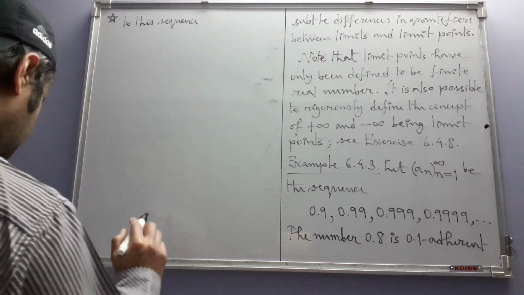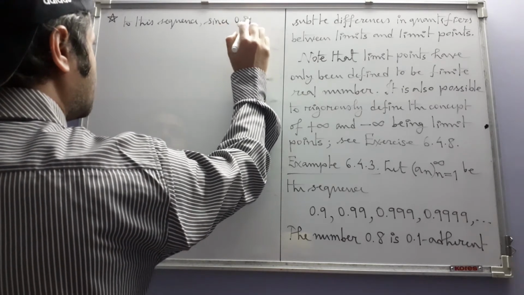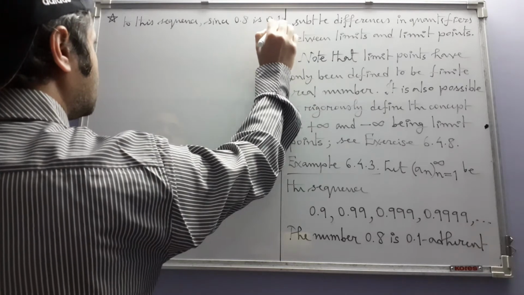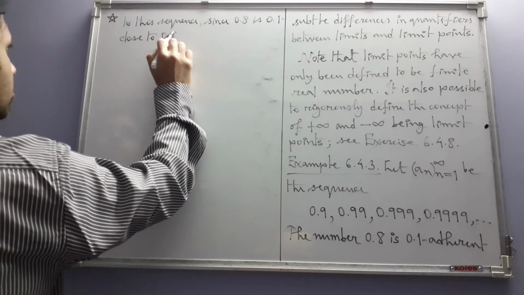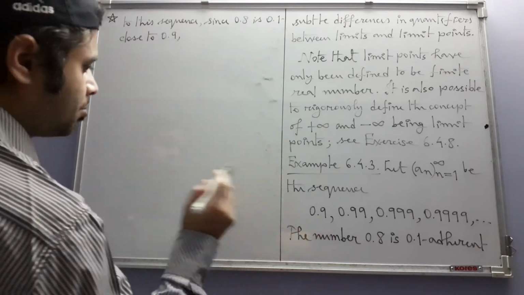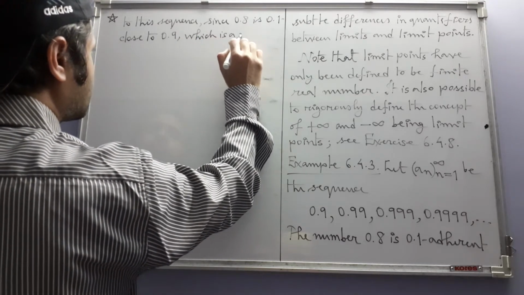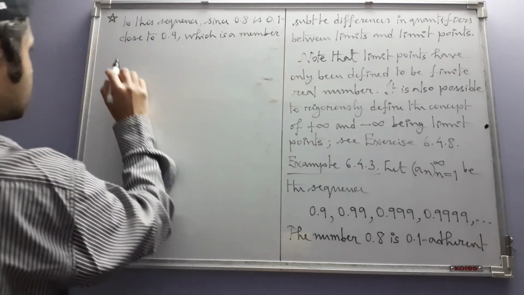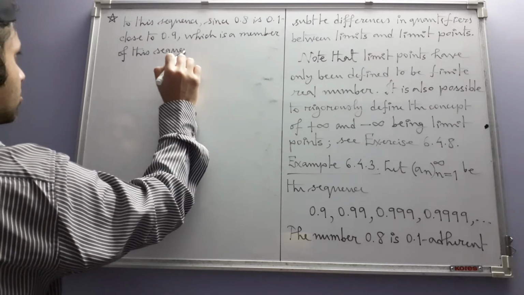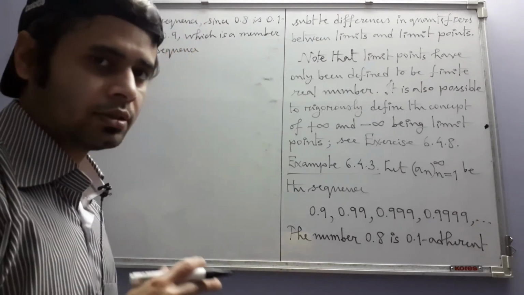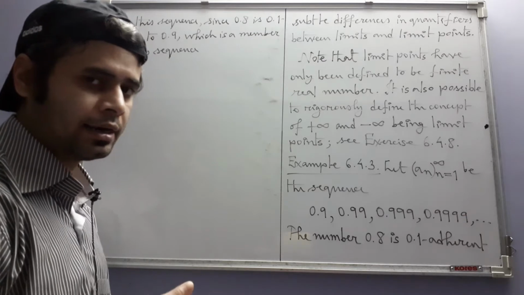Since 0.8 is 0.1 close to 0.9, and 0.9 is a member of this sequence, the number needs to be 0.1 close to at least some term.